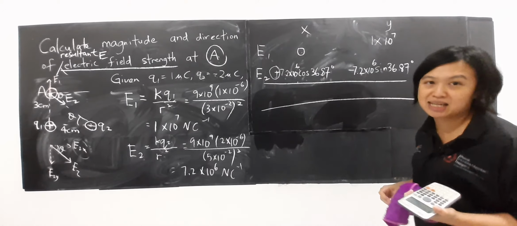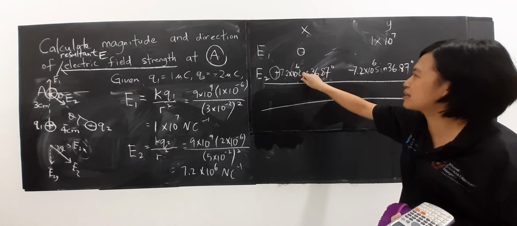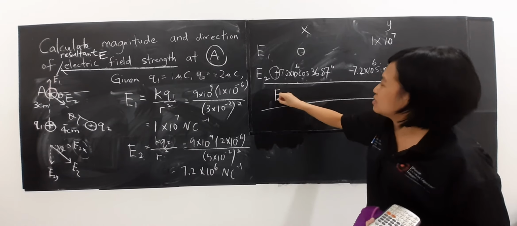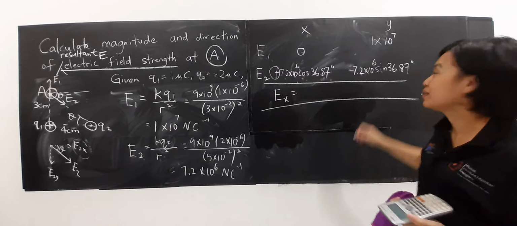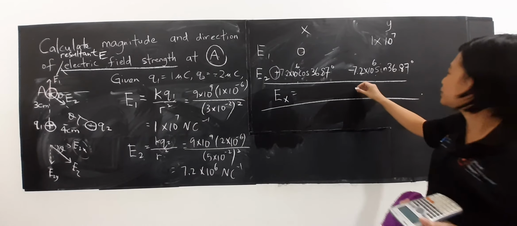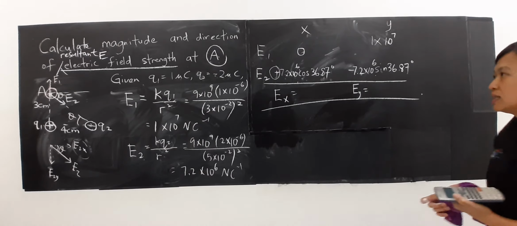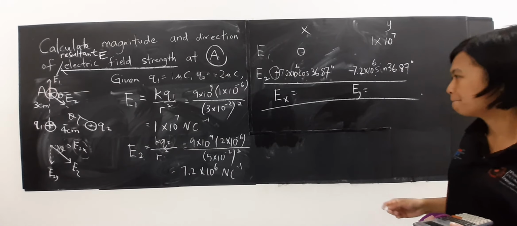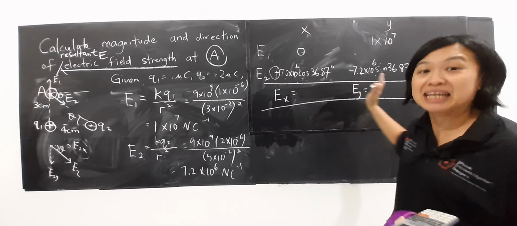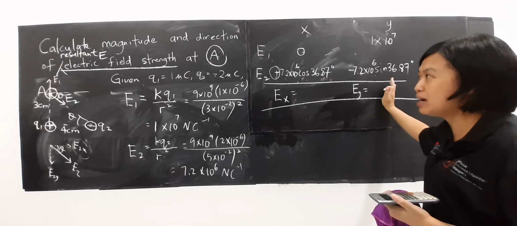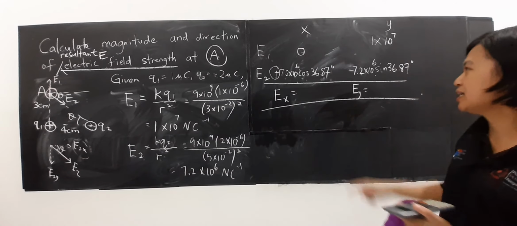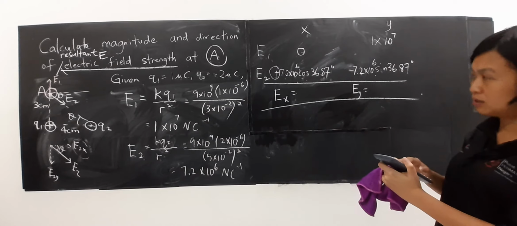Kita dah consider dah. Jadi memang kita ini tambah dengan ini, I will get EX. Ini tambah ini, I will get EY. I will get this. Okay. Sampai sini. Kalau you dah ada nilai EX, EY, what do you do? Okay, kita cuba kira dulu.